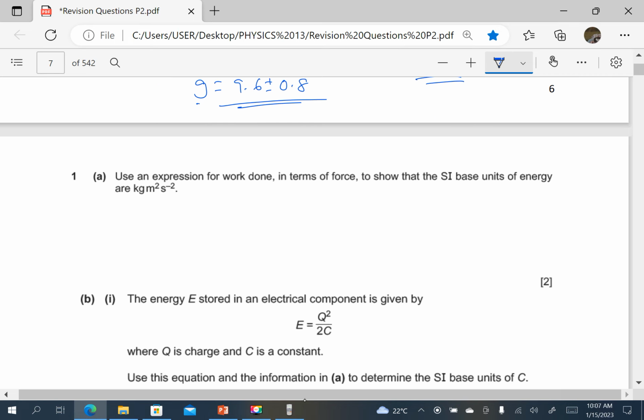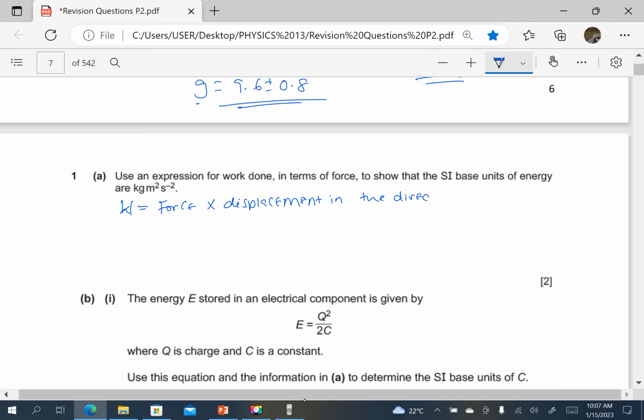Use an expression for work done in terms of force to show that the SI base units of energy are kilogram meters squared per second squared. So work done, I'll use W for work done, is force times displacement in the direction of the force.